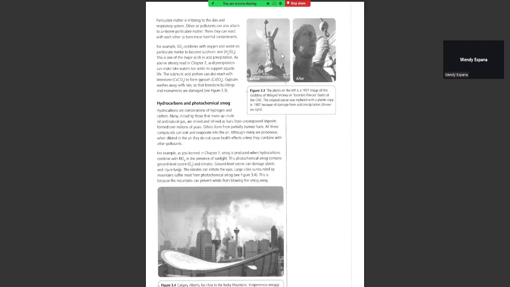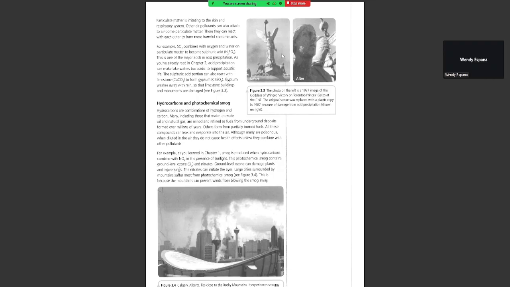So hydrocarbons are in the fossil fuels, and when they burn, they can form all sorts of different pollutants. We've already talked about some of them. However, the hydrocarbons themselves can also leak or get into the air, and they can be very poisonous. So you don't want to be breathing in hydrocarbons. They can cause cancer and other things.